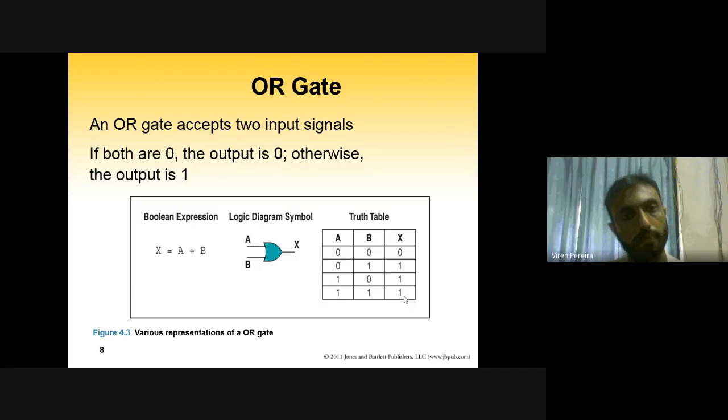So your Boolean expression here is X equals A plus B. Your logic diagram has signals A, B, the OR gate, and your output X. Now your truth table has A, B, and X. 0 plus 0 is 0, 0 plus 1 is 1, 1 plus 0 is 1, and 1 plus 1 is 1. So this is your OR gate.